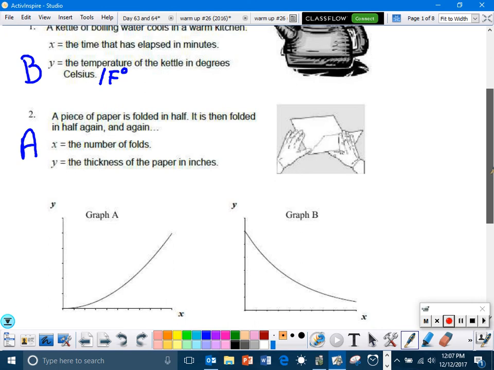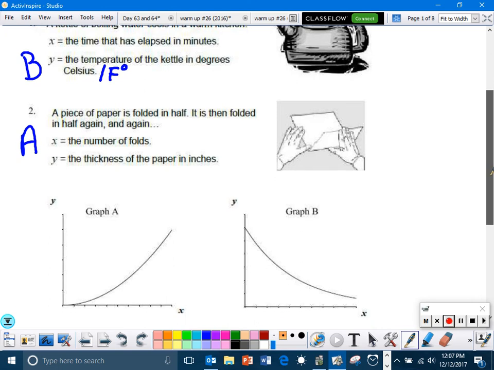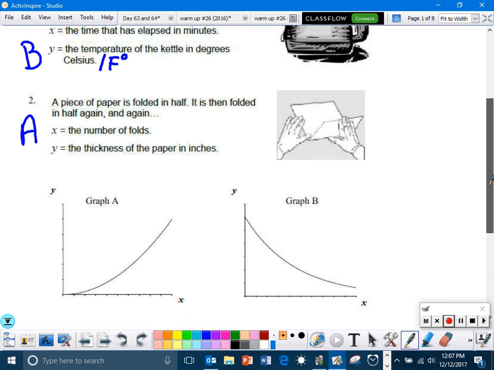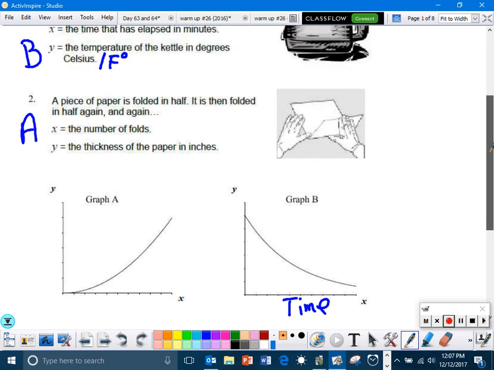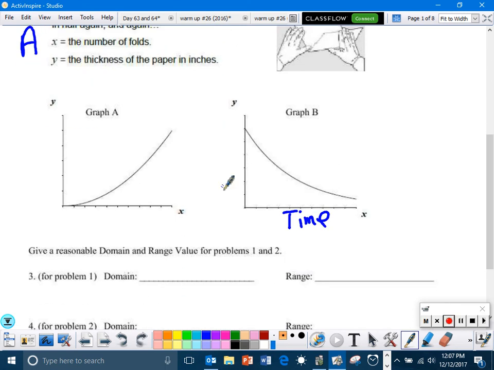All right, now I'm going to actually go in and label my X and Y axis for both of these. So again, on this first graph with the boiling water, X is the time, and Y, in this case, is the degrees. Now I'm going to do that in both Fahrenheit and Celsius when we get down to the bottom.